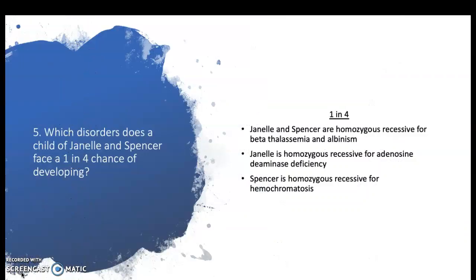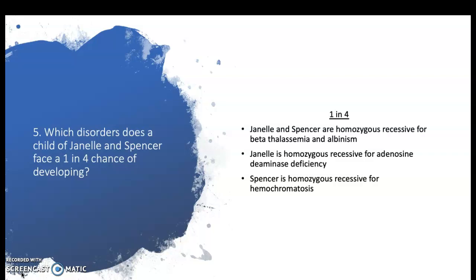The fifth question is, which disorders does a child of Janelle and Spencer face a 1 in 4 chance of developing? Janelle and Spencer are both homozygous recessive for beta thalassemia and albinism, which is a 1 in 4 or 25% chance that the child will receive 2 normal copies of the gene and will not be a carrier and will also be asymptomatic.